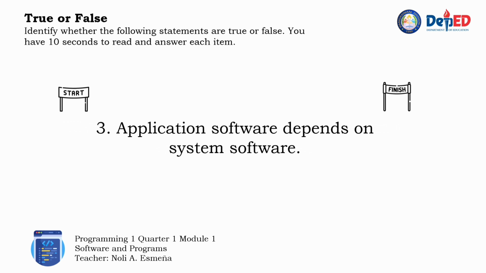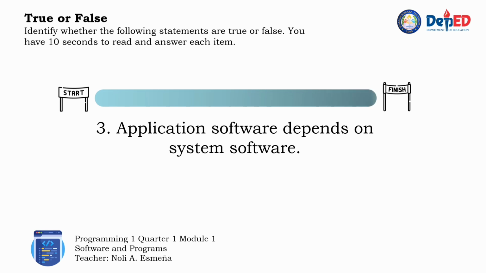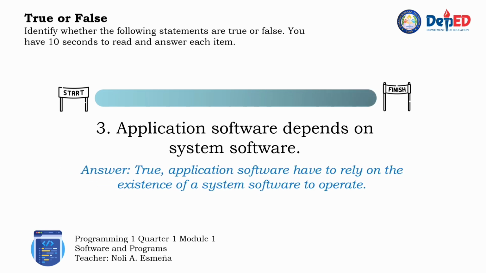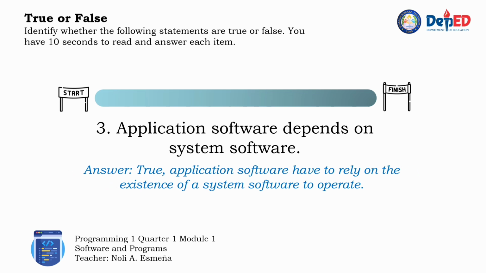Application software depends on system software. The answer is true. Application software have to rely on the existence of a system software to operate.